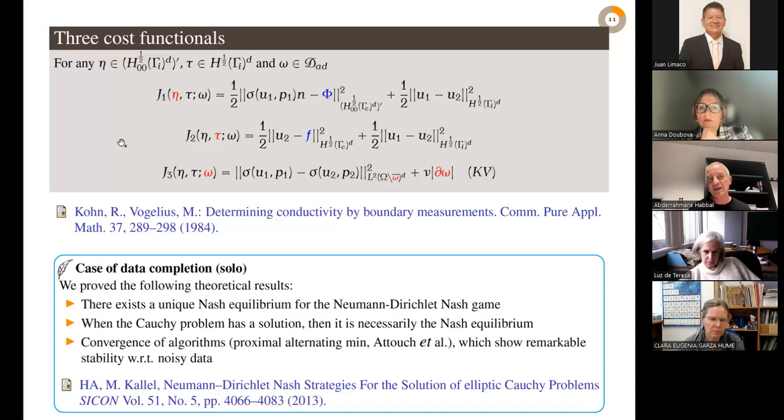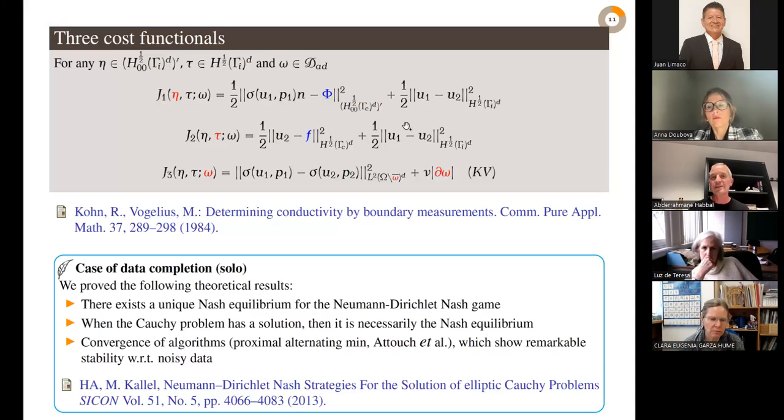The uniqueness is due to the fact that the game between eta and tau, we didn't look for it at the beginning because we didn't know the word for it, but it has a potential structure, which means that there is a term that is controlled only by the first player, and here only by the second player, and there is a common term which involves the 2 players, but it is common to the 2 players.